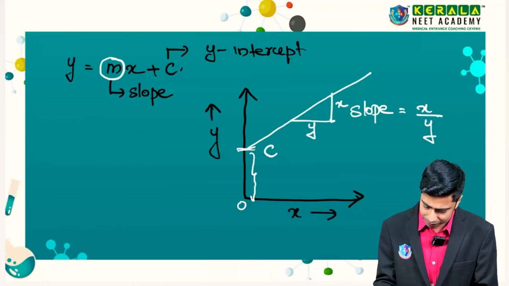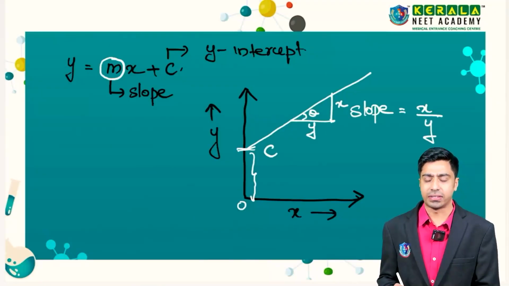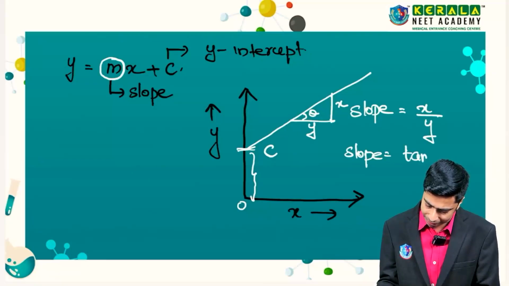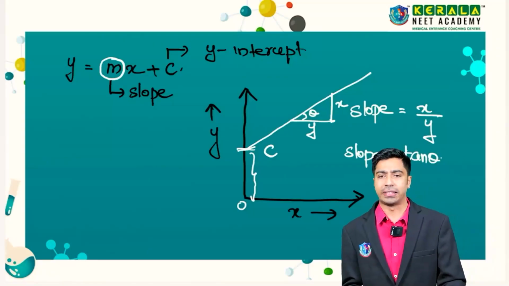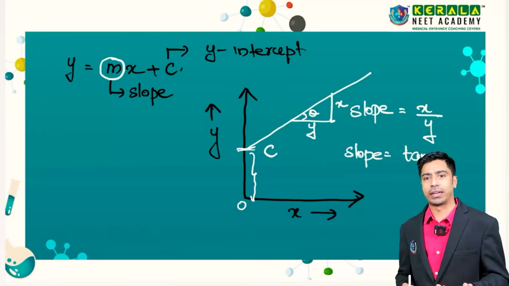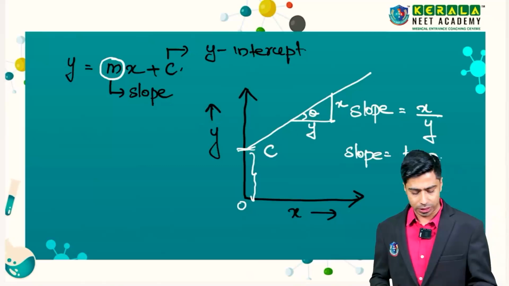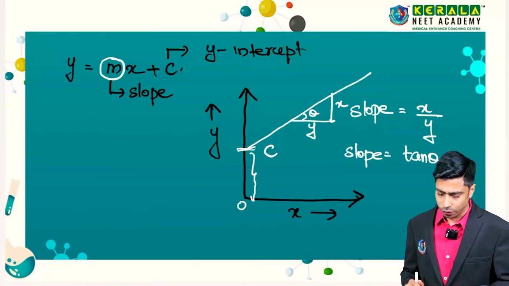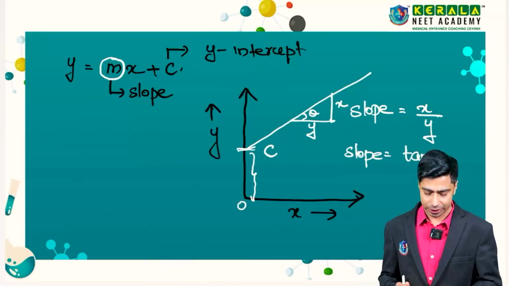Or, if this angle is theta, slope will be equal to tan theta. So this is how we find the slope of a straight line, and the y-intercept. So these are some of the basic ideas that you should have in this chapter. Now we'll move on to the integrated rate equation.